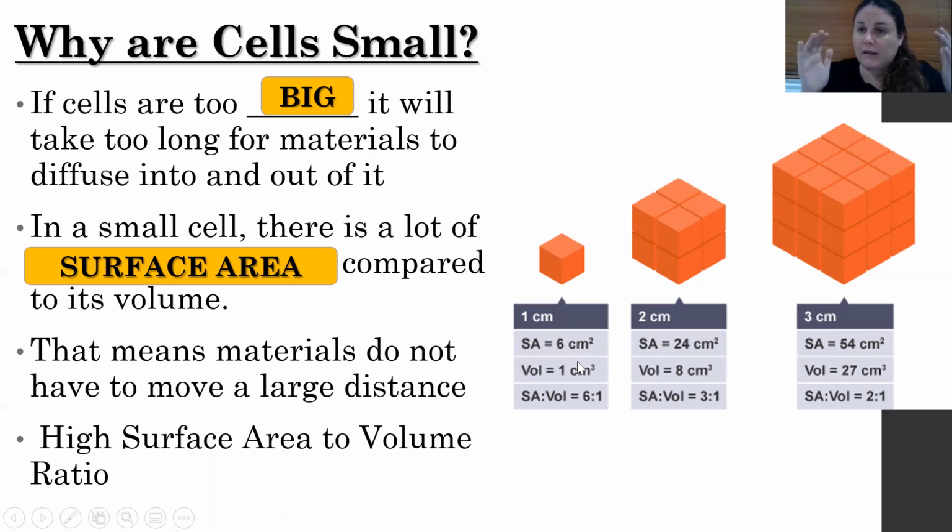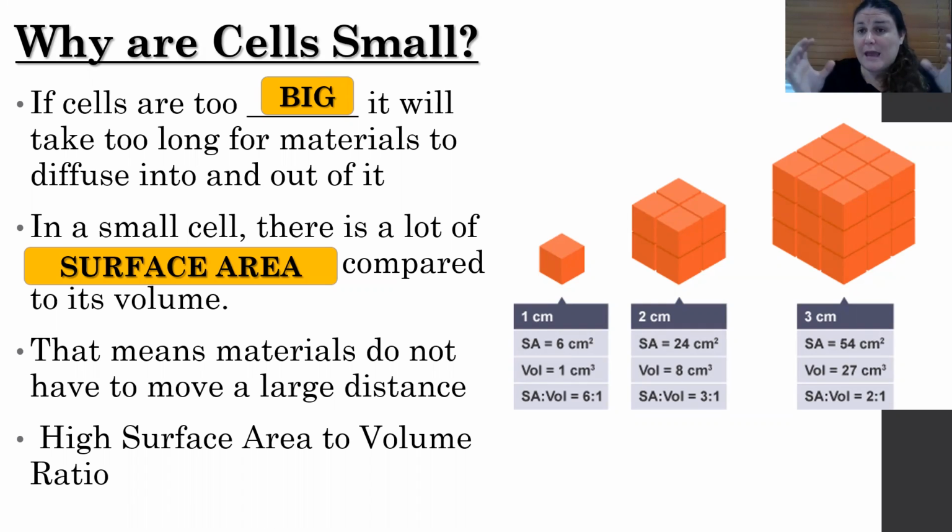A ratio is just comparing the numerator to the denominator. Our numerator is the surface area, and the denominator is the volume. So it'd be 6 over 1. If we write that as a ratio, it would be 6:1, 6 to 1. That means there's 6 times the surface area for every unit of volume.